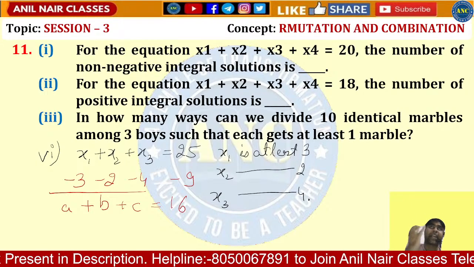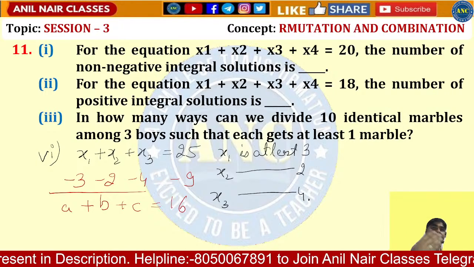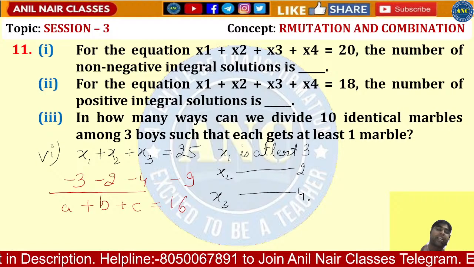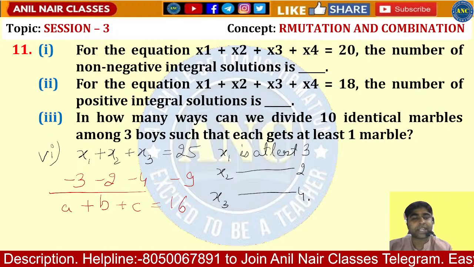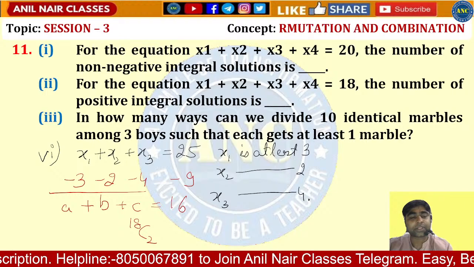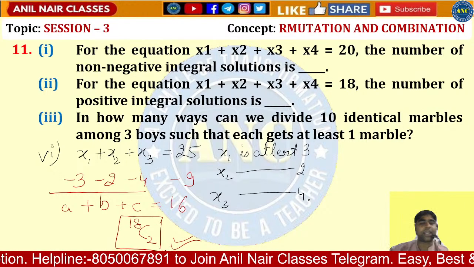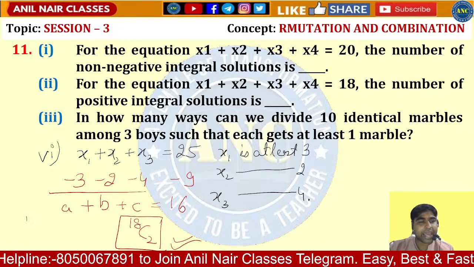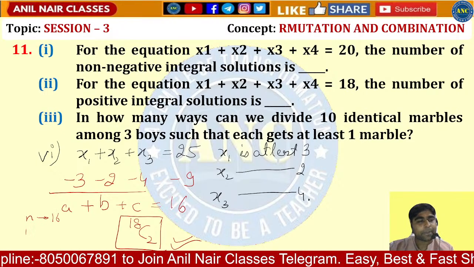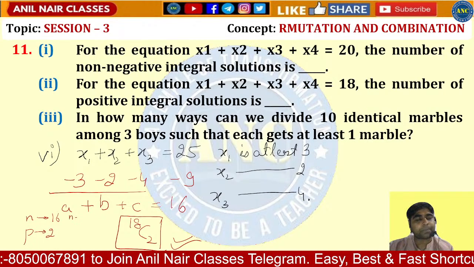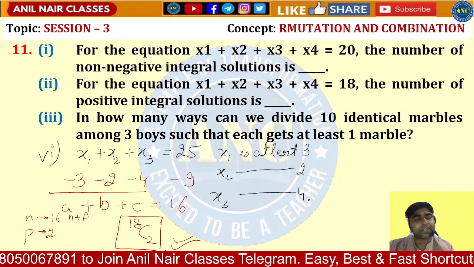So there are 16 items and there are 3 distributions that I need to do. That means how many partitions do I require? 2. So it would be 16 plus 2, 18 C2. N is 16, partitions I require is 2, so it would be N plus P C P.